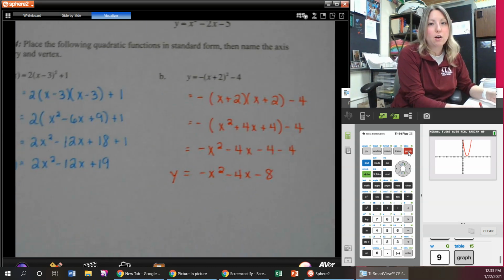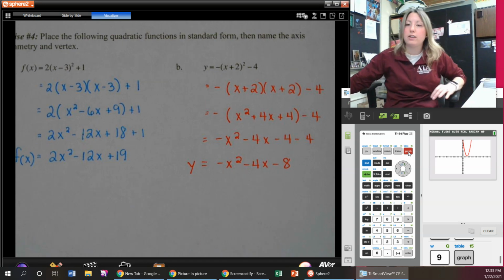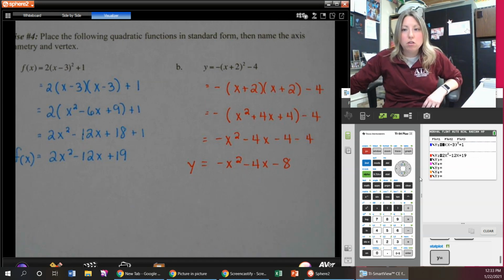So let's check that out. Make sure that that is correct. Y equals, so let's start with the original vertex form, which was negative, the little guy under 3, x plus 2 in parentheses squared, and then minus 4 at the end.